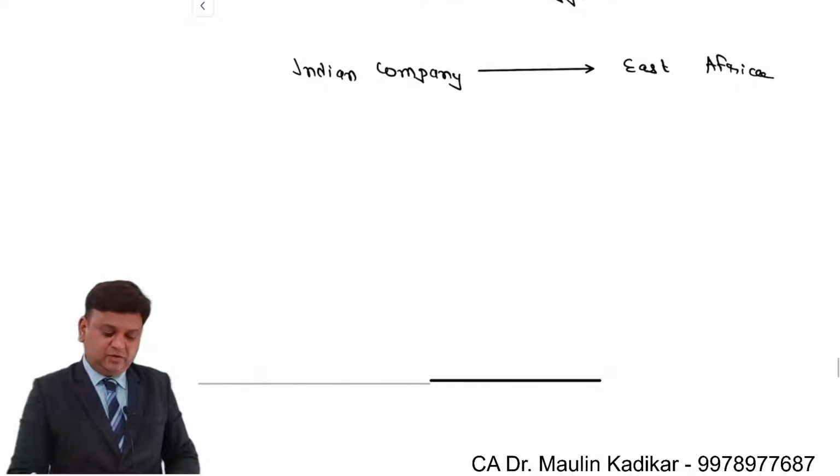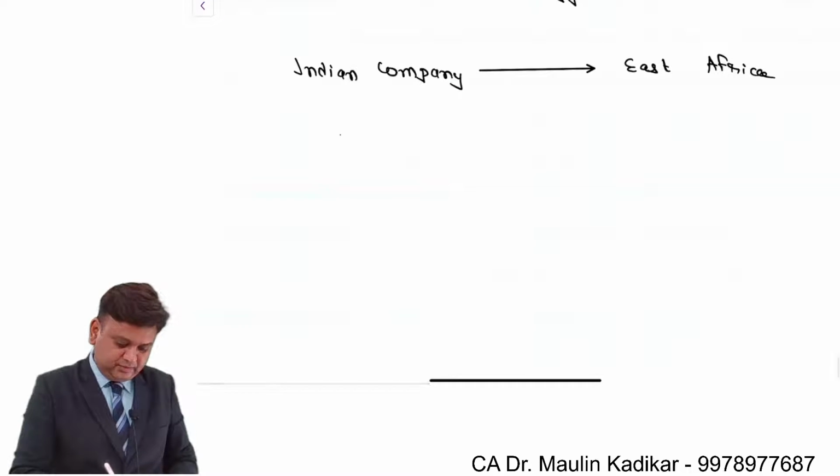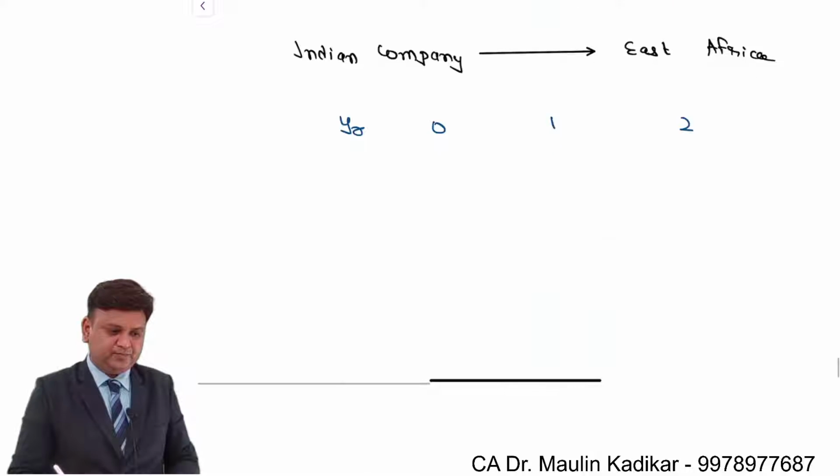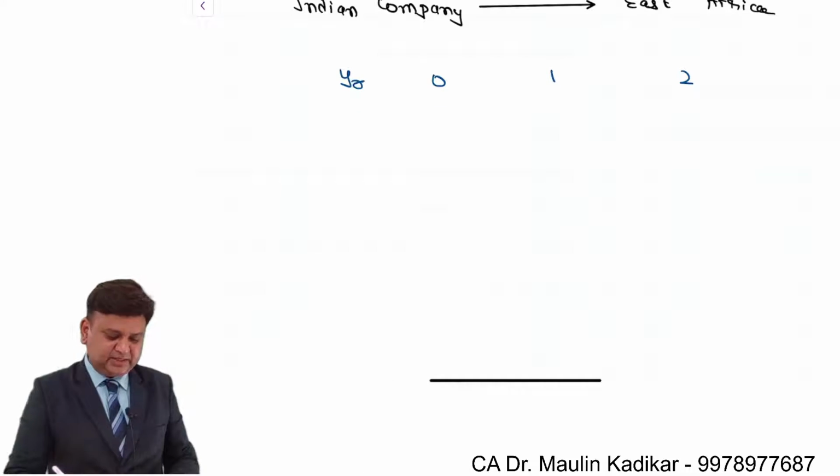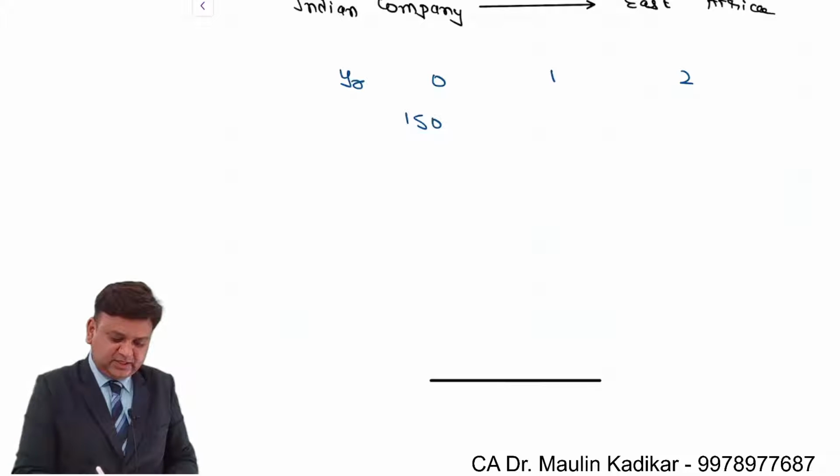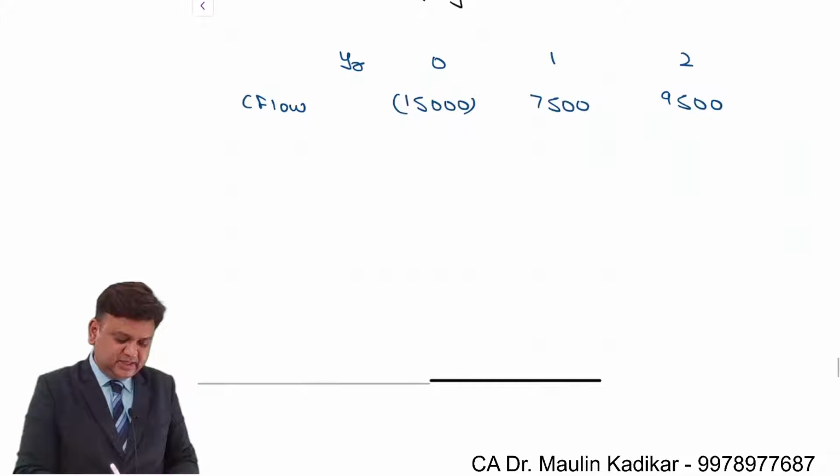We understand that over here it is year 0, year 1, year 2. The amount of the investment that we have to make is 15,000 East African dollar. Then we will get $7,500 and we will get $9,500. These are the cash flows in foreign currency term, that is in East African dollar currency term.